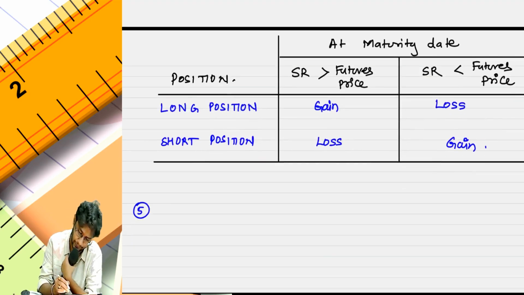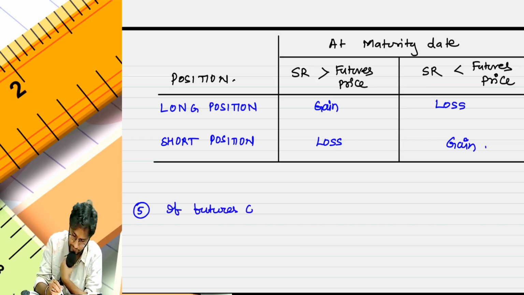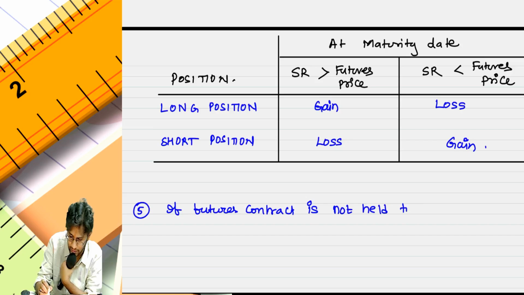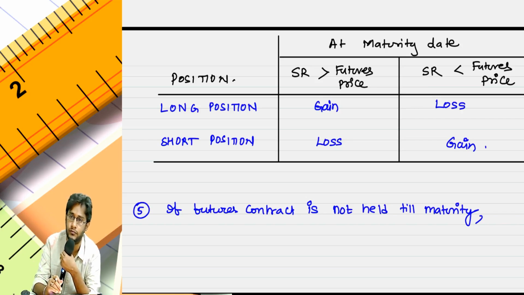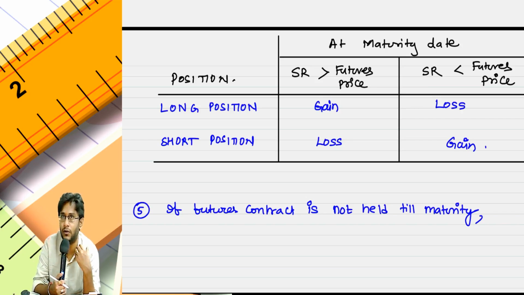Point number 5. If the futures contract is not held till maturity, what can the company do? For example, I need hedging only for 2 months, but at 2 months I see the futures contract still has another 15 days to expiry. What should I do? You exit.